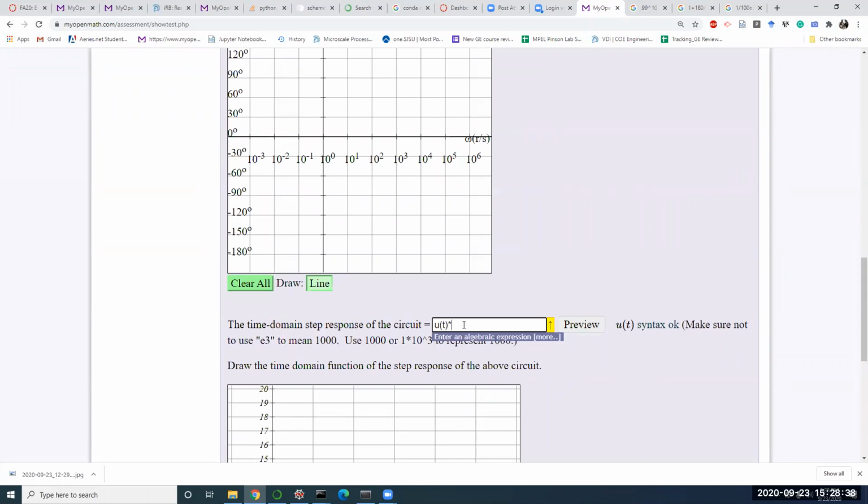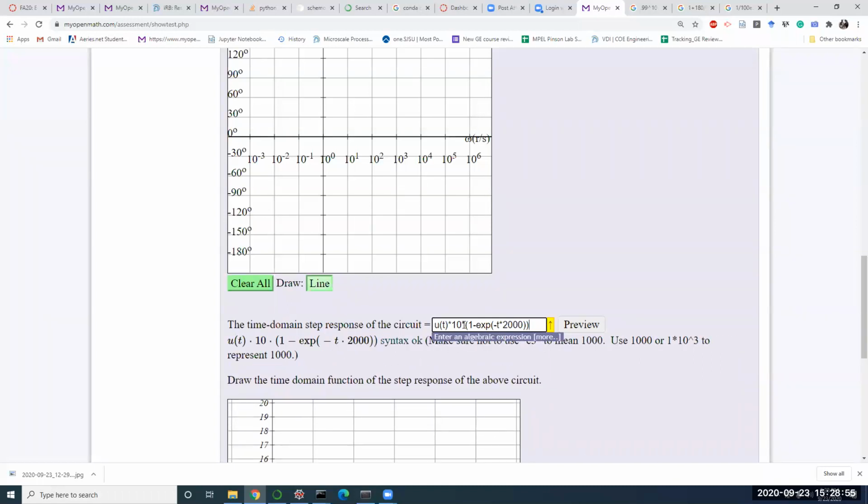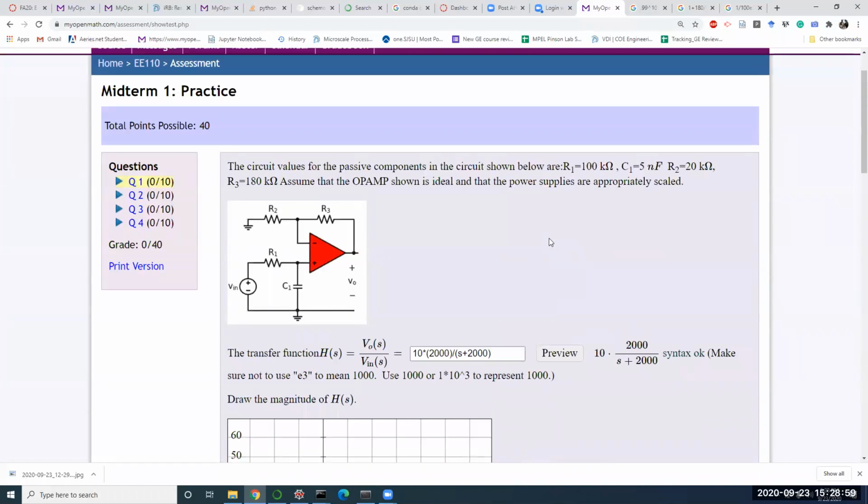So everything is times u(t). The gain is 10, 1 minus exp(minus t times 2,000). Okay, right. So now it comes down to drawing the Bode plots.